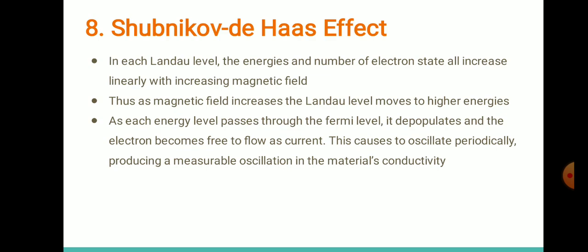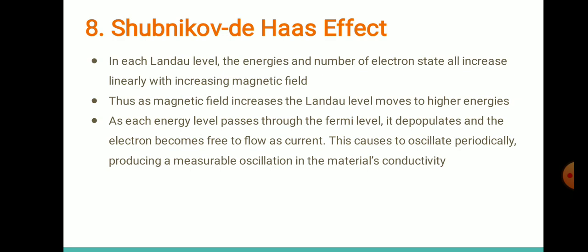When these energy levels, so we are talking about energy levels E1, E2, E3, E4, those sub bands of energies, when an energy level passes, consider energy level E1. Suppose this energy level E1 passes the Fermi level.